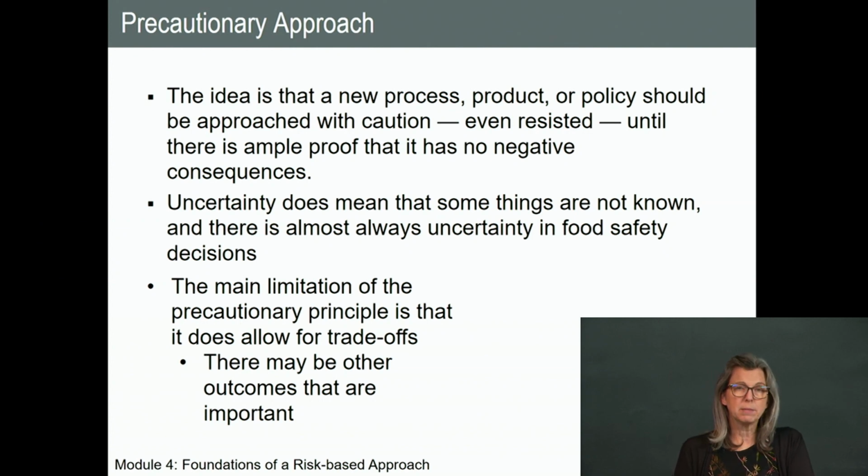So the main limitation of the precautionary principle is that it doesn't really allow for trade-offs and uncertainty. When you have some uncertainty in the risk, but you also have potential benefits, you might want to move forward without having to completely eliminate the option of using it.